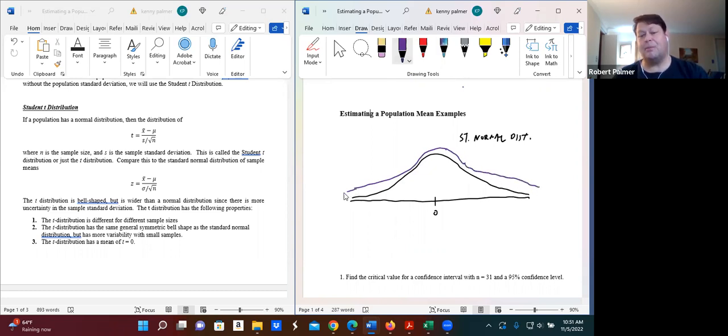It's wider out here because there's more uncertainty, since we're using the sample standard deviation instead of the population standard deviation of the normal distribution. So it has to be wider. A general rule of statistics is that something wider means more uncertainty. So this blue, once again, is the t-distribution.